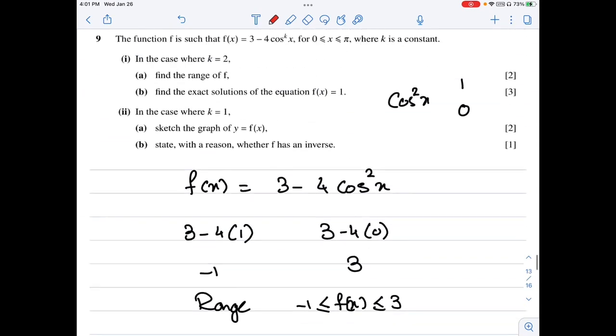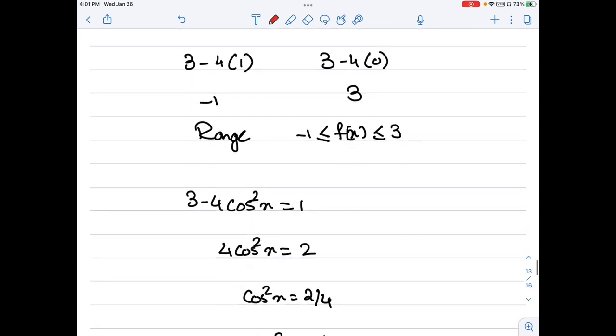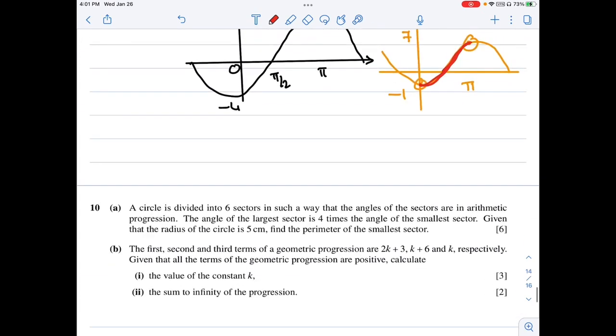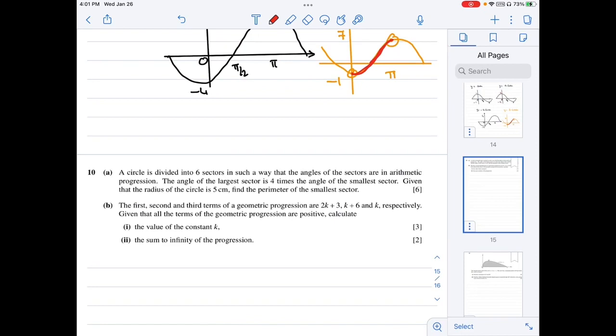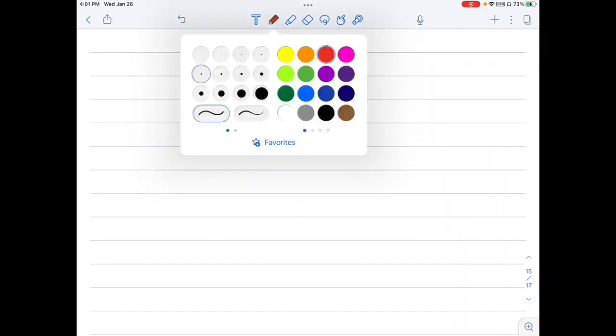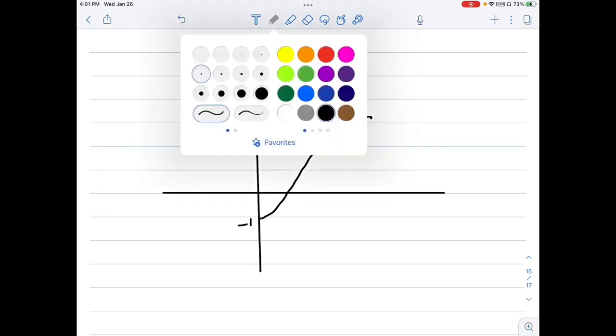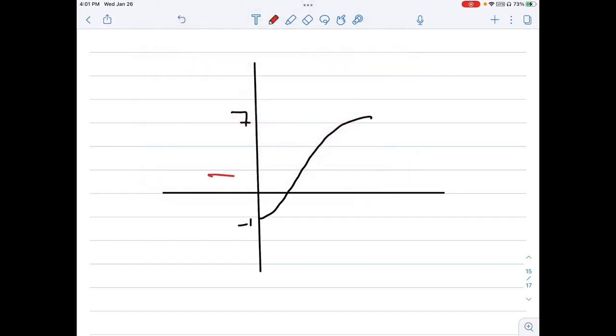Next, what else is being asked? State a reason whether f has an inverse or not. So what was our graph? Again, we had a page, if you remember. So our graph was like this, negative 1 to 7. You can see that it is a 1-1 function.